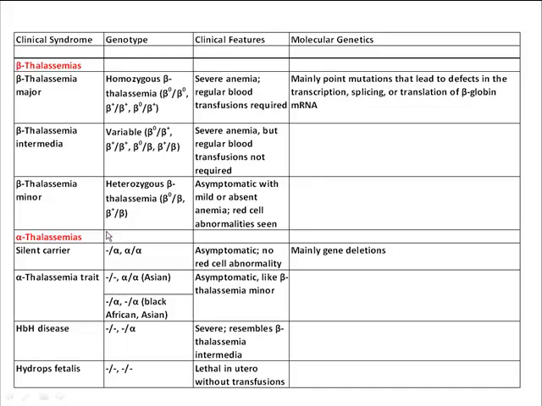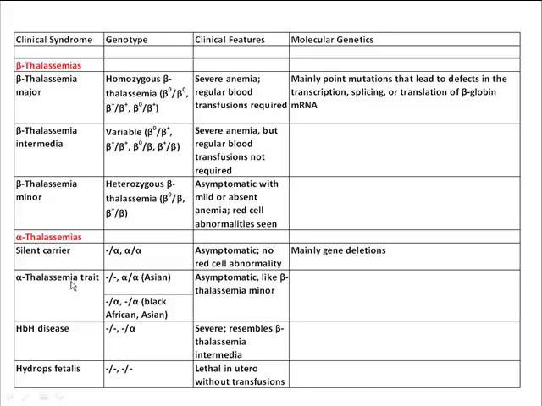With alpha thalassemia, if the patient is a silent carrier, they're going to be asymptomatic and there are no red cell abnormalities. Remember, with alpha thalassemias, the gene is deleted, but in beta thalassemia, there's a mutation of the gene.